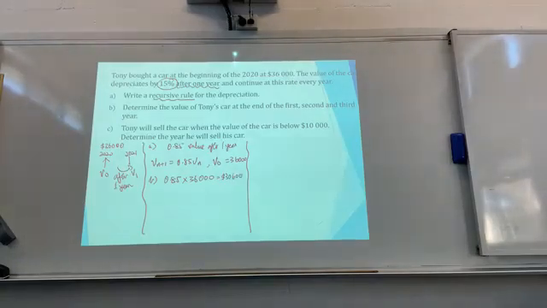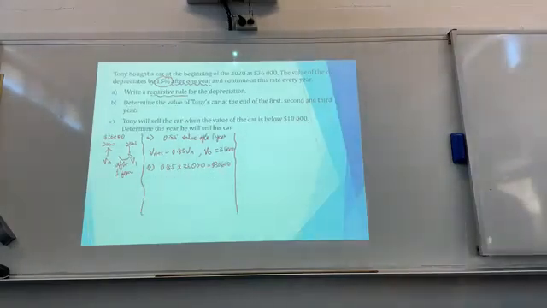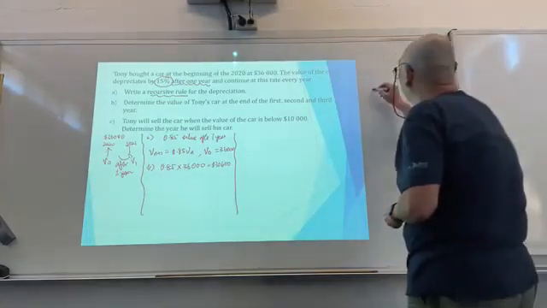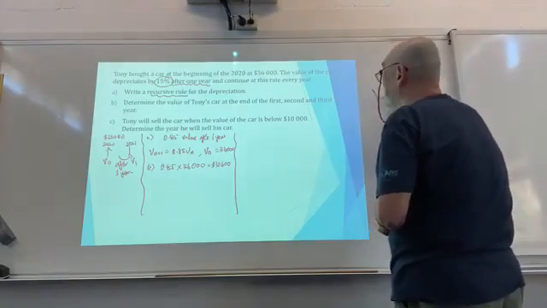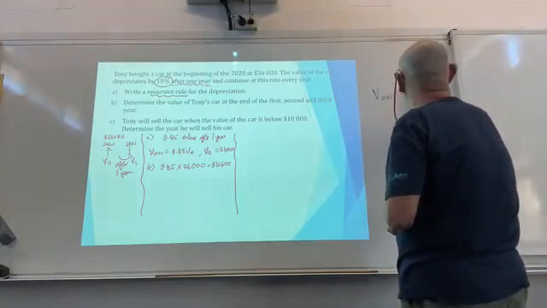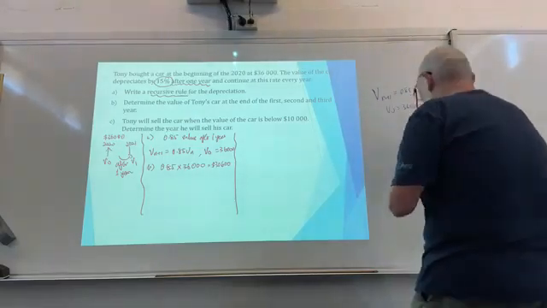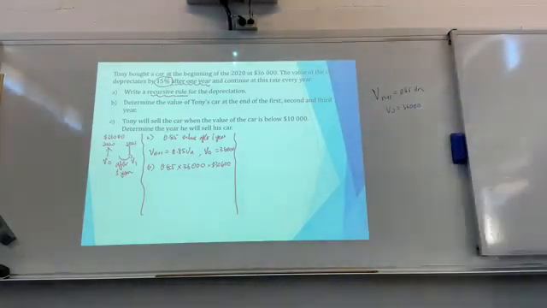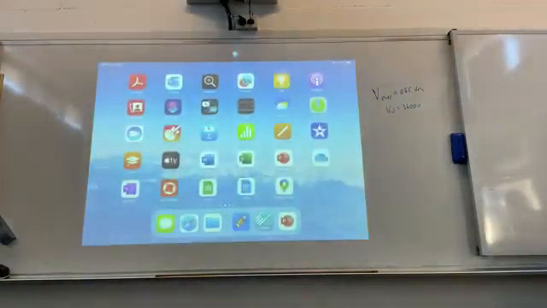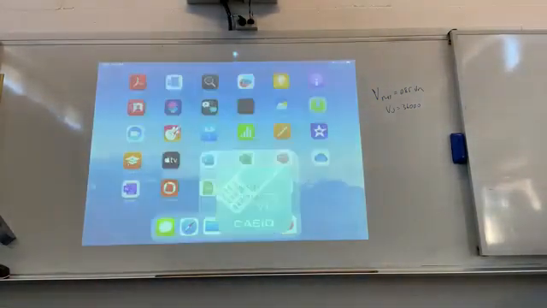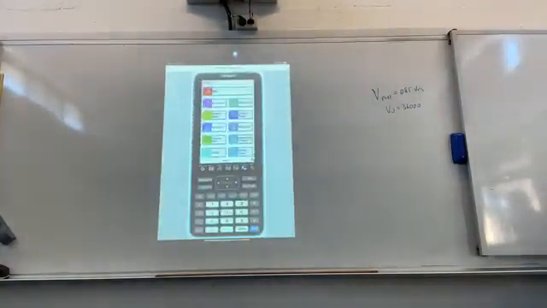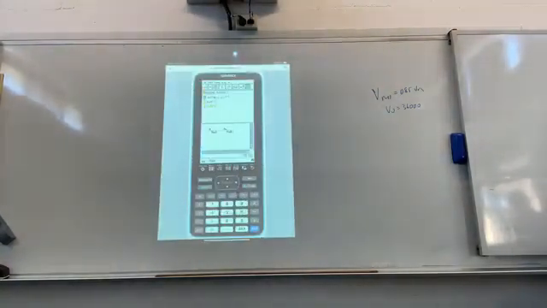Our first, second, and third. So you do have to use your calculator. Now let's use the calculator. V n plus 1 equals 0.85 Vn, V naught equals 36000. If you go to sequences, edit, clear all.